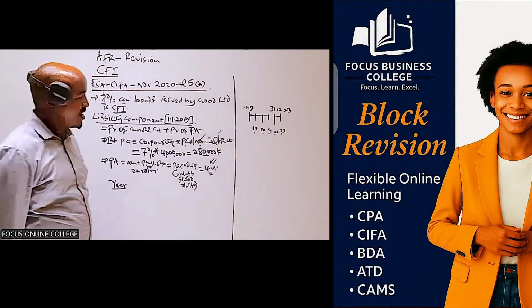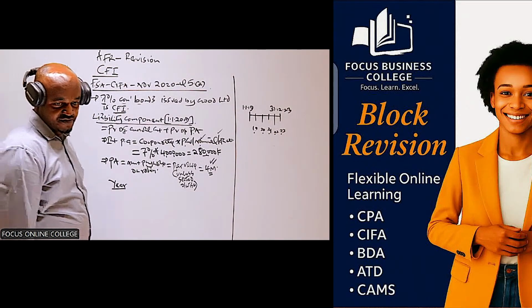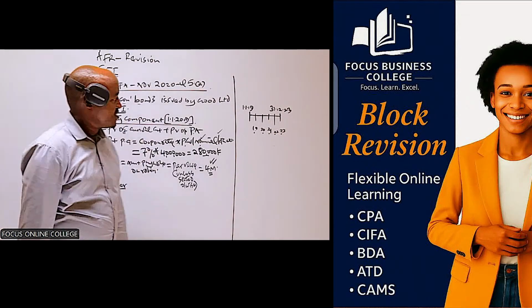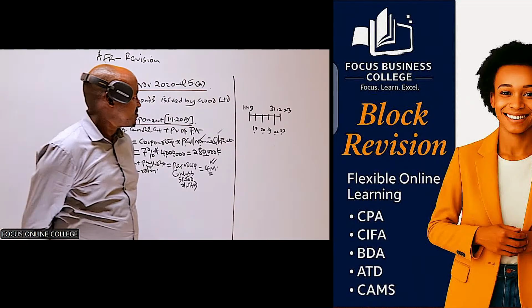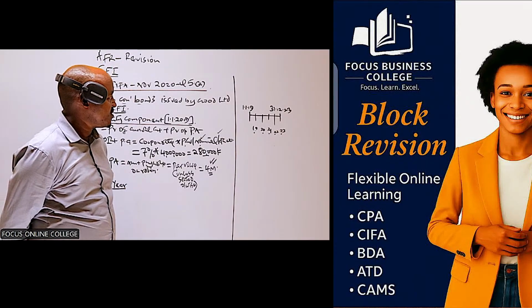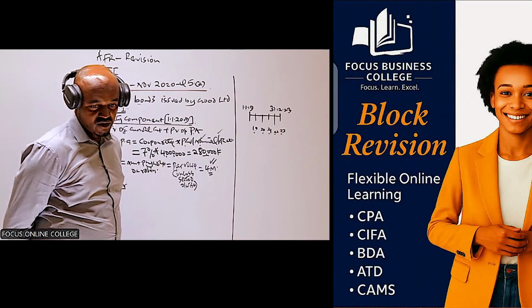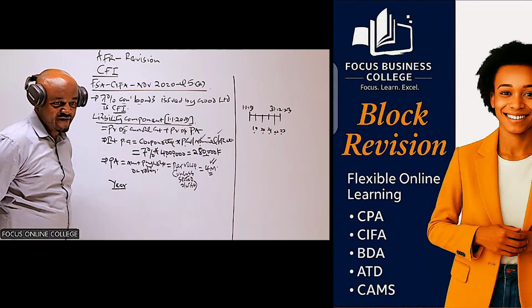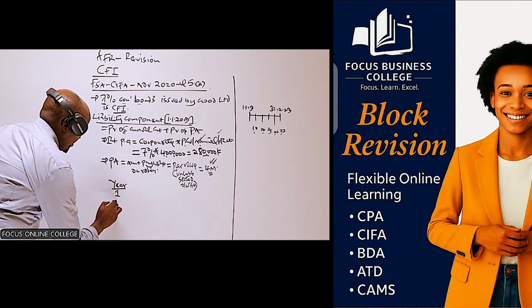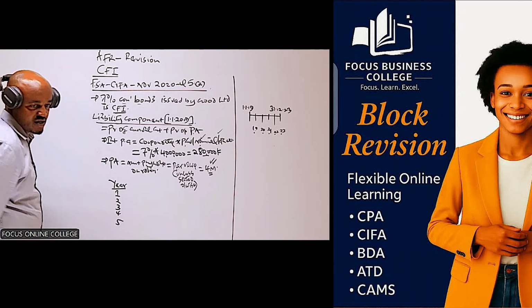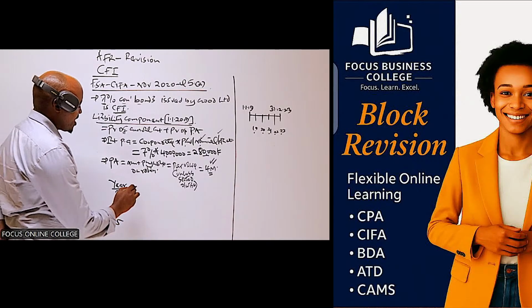Yes, we have 5 years. So year 1, year 2, year 3, year 4, year 5. And then here we can have the cash flows.